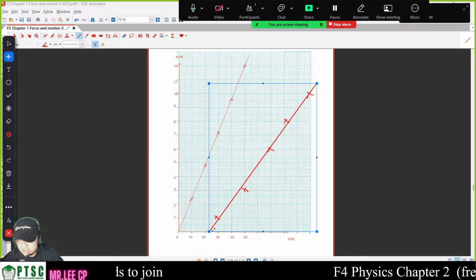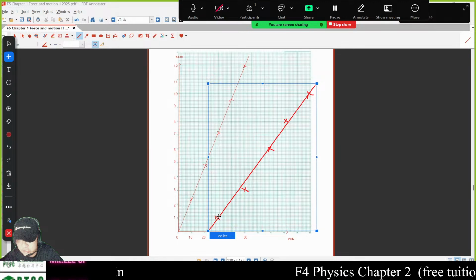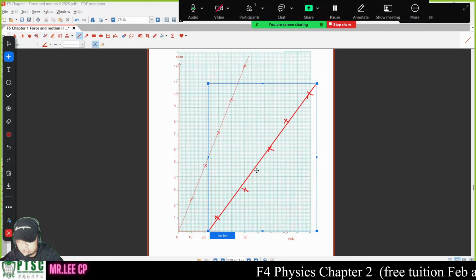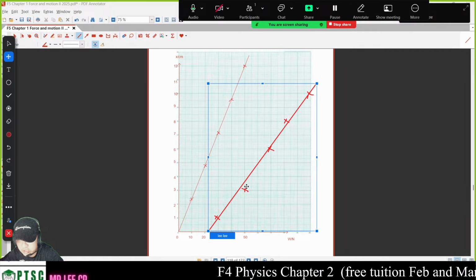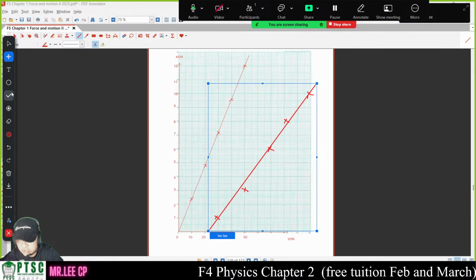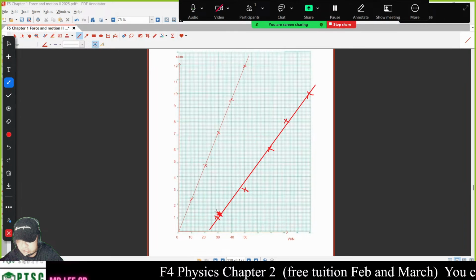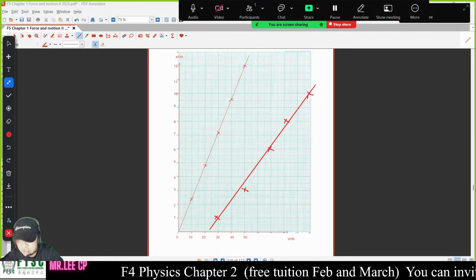Now these two are near, right? You hit one point and two points. This one is far. I cannot draw through here, so I use freehand.